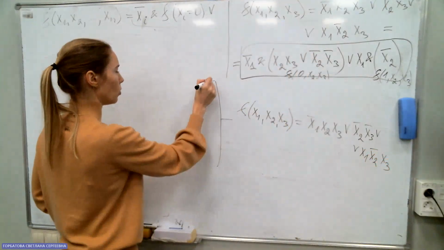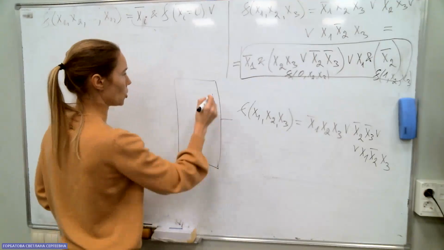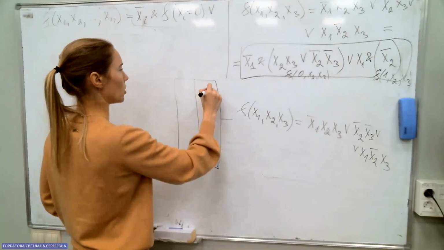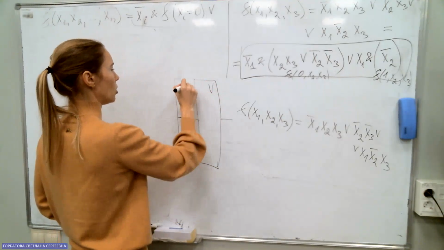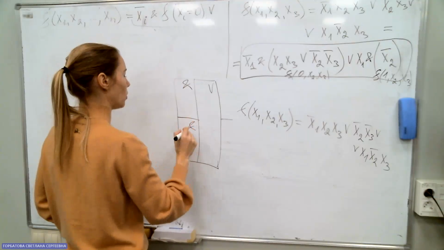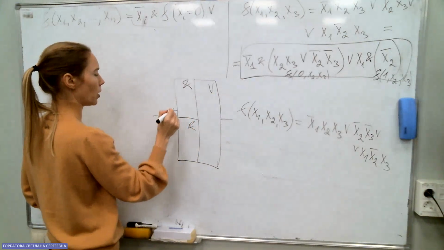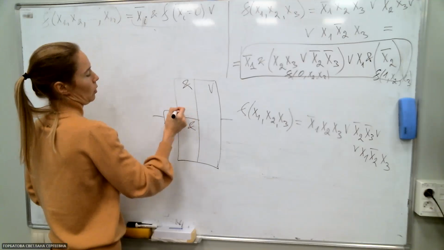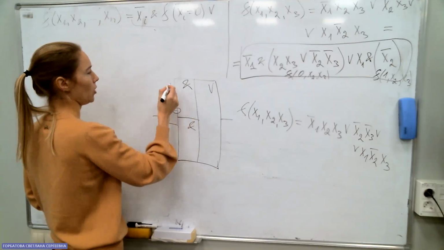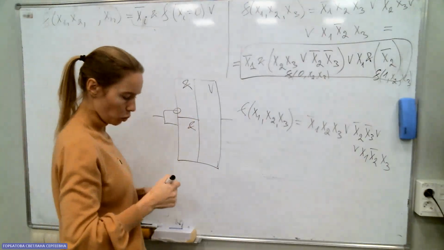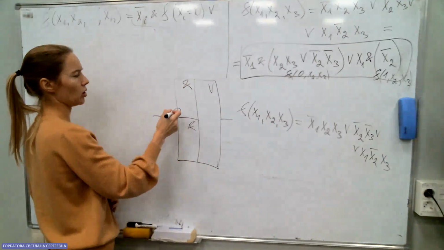This is a Shannon block: one disjunction, two conjunctions, eliminating a variable with negation or without.